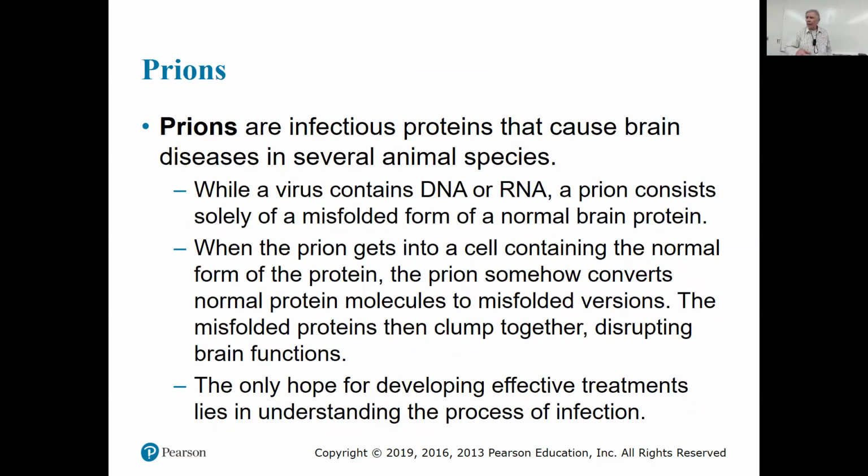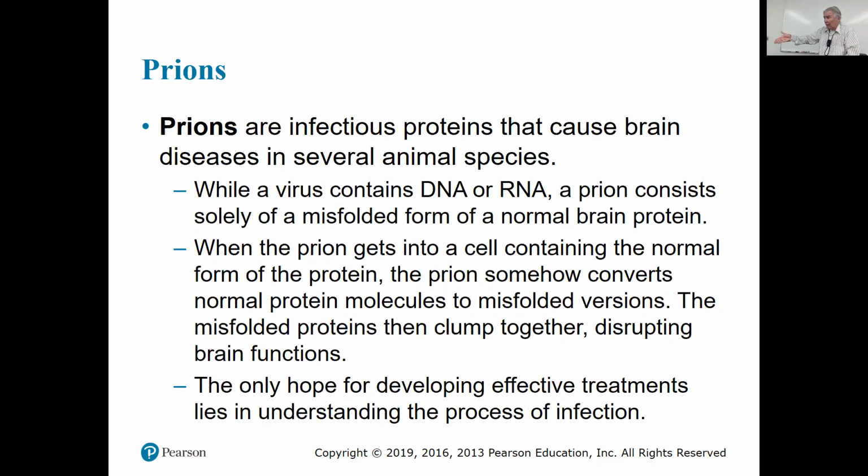Okay, the last thing, prions, bizarro things. Infectious proteins that cause brain diseases in several animal species. When they first discovered it, they couldn't believe it because they thought we needed something with nucleic acid to be infectious.